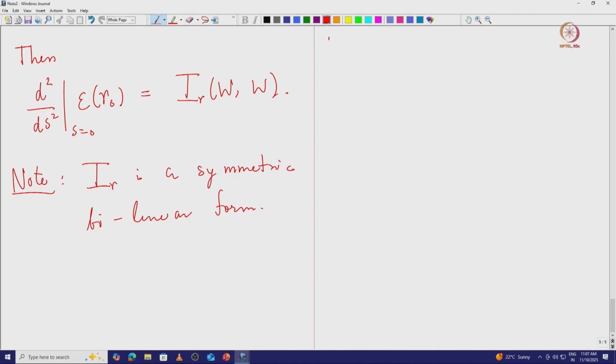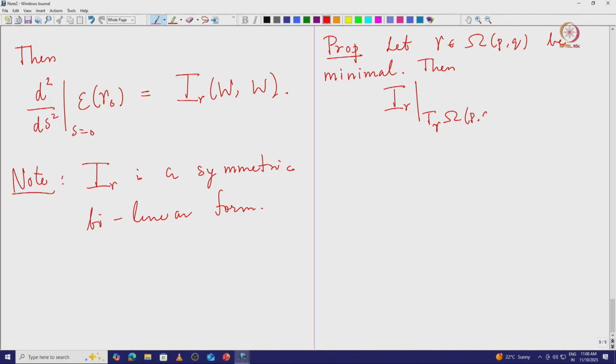So, the key second derivative test is the following proposition. Let gamma be minimal. Then the index form restricted to this tangent space is non-negative definite.